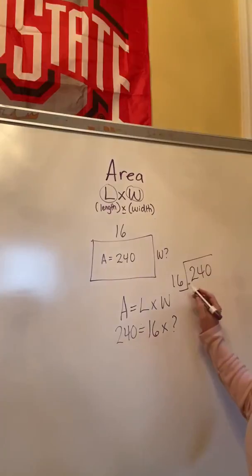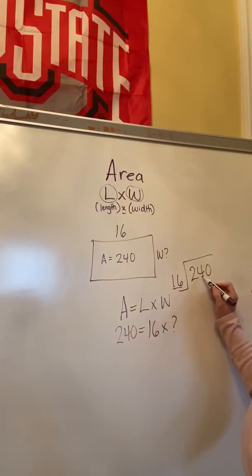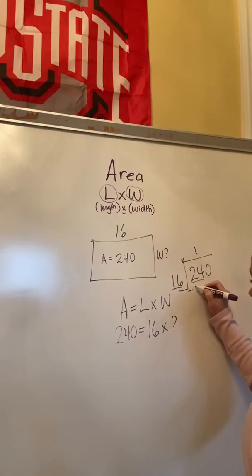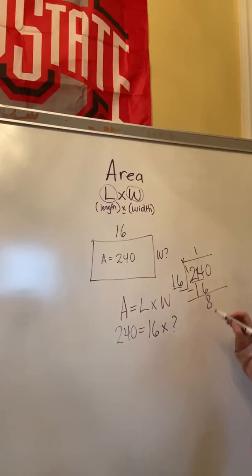Now, we know when we divide, we take the divisor, see how many times it goes into the dividend. Well, of course it won't go into 2. So we check to see how many times it goes into 24, and that's 1. 16 multiplied by 1 is 16. So now we subtract. 24 minus 16 is 8.